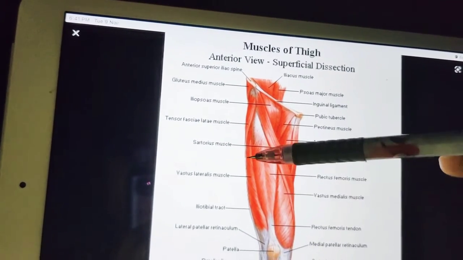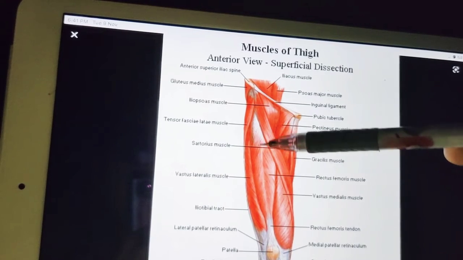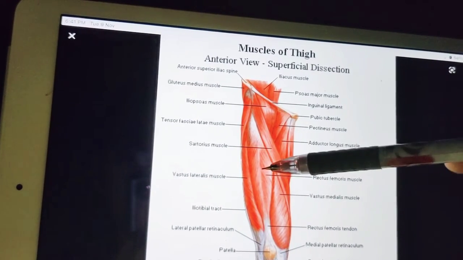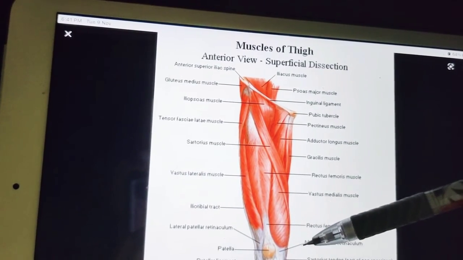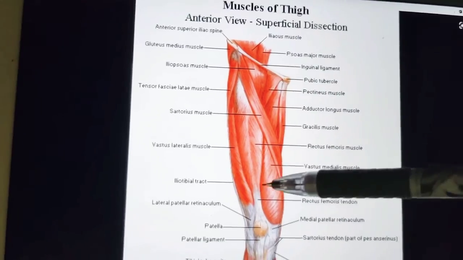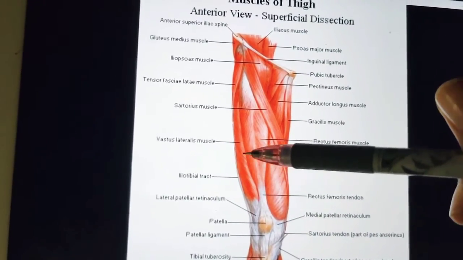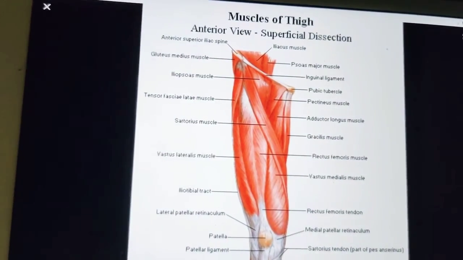You can see this is the vastus lateralis muscle, and next you have the vastus medialis muscle. This is the rectus femoris muscle. So rectus femoris, vastus medialis, vastus lateralis, and vastus intermedius. If you open the vastus medialis muscle and look inside, you will get the vastus intermedius muscle. It is not visible in this diagram.